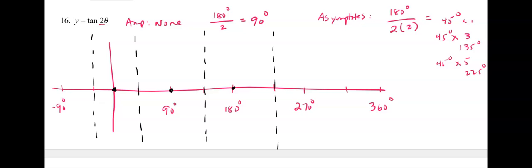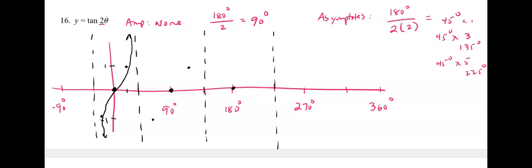Okay, and then again, we don't have amplitude, but you can come up with another point pretty easily if you just put a number in like 22.5 for theta. 2 times 22.5 is 45, and tangent 45 is 1. So that just gives me another point, couple of points, and I'll use those 3 points to sketch out this curve.